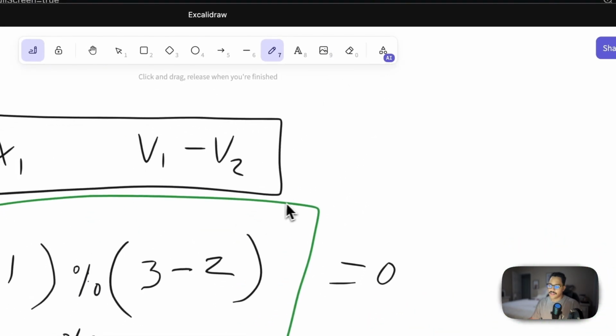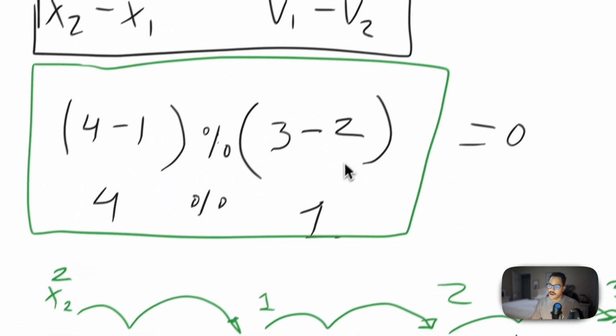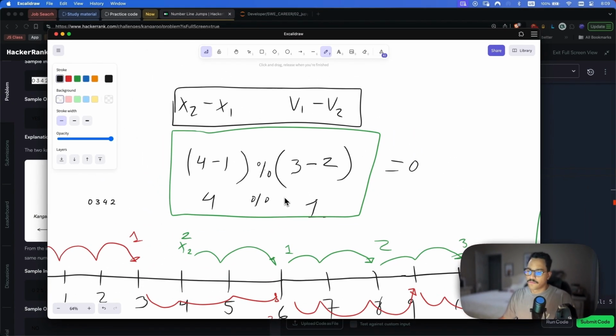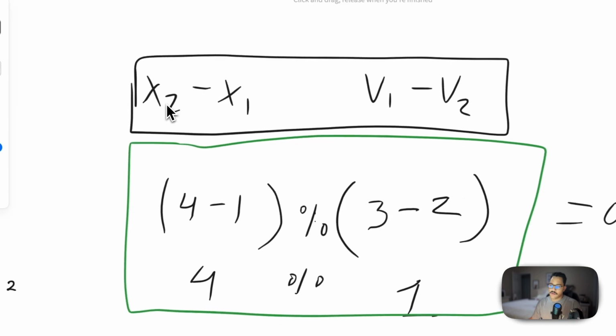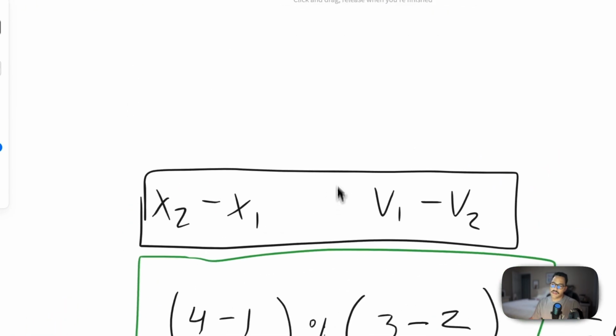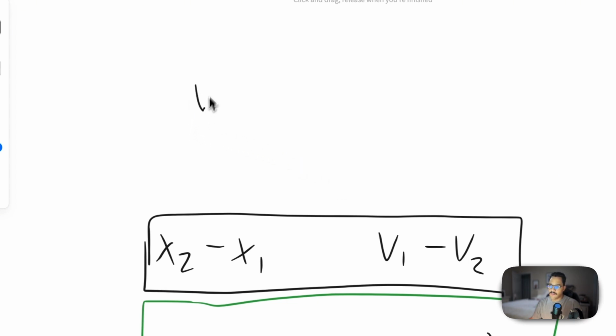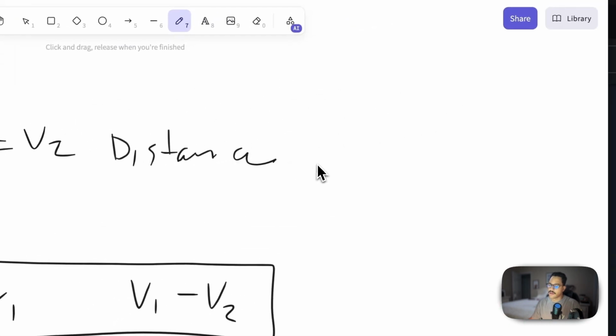I think so. I think I'm missing something here. Well, I'm assuming by condition that one kangaroo is always going to be ahead and one is going to be faster, and that's got to be the case because we already said if the velocities of these kangaroos are equal, then the distance must be equal too, right?